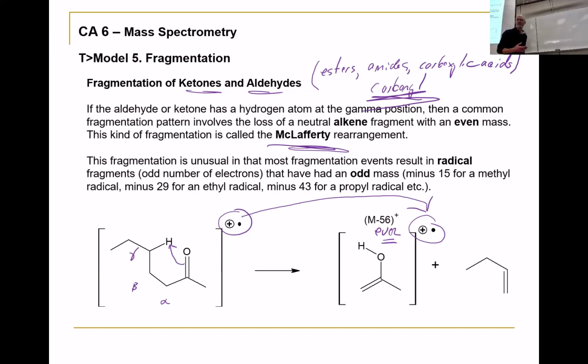So I need that pi bond to pick up the proton. Once that pi bond has made a bond with the proton, a proton can only make one bond, so this bond needs to be broken: the bond between the carbon and the hydrogen on the gamma carbon. And in turn, the bond between the beta and the alpha will get broken. So it's a sequence of three things happening.